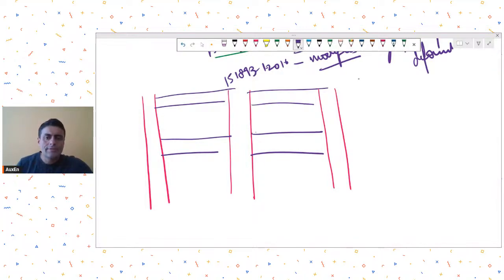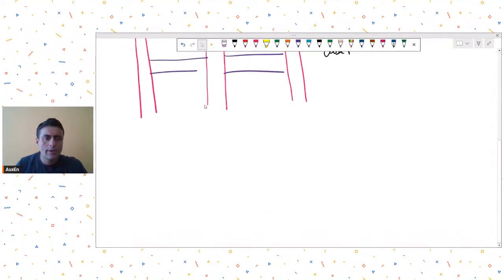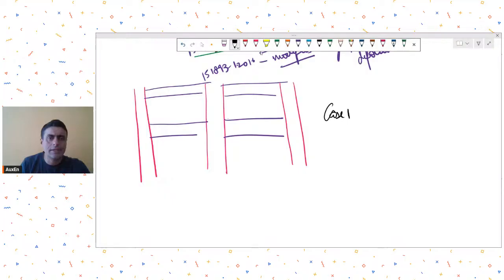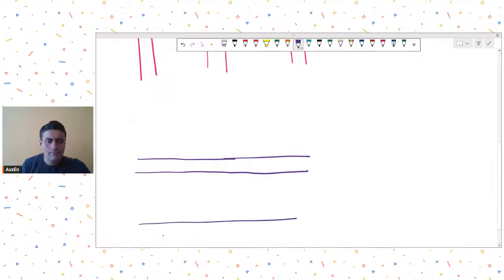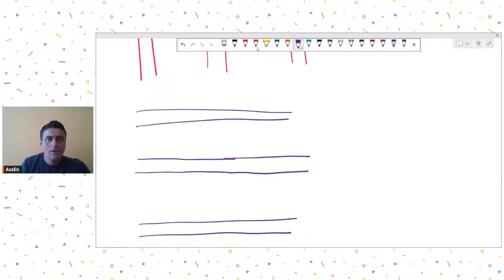So this is case 1, and in case 2 we are doing something like this. Then I'll ask you which case, as a design engineer, you would recommend. So let's say this is my case 2, and I hope someone can identify the difference between these two cases.